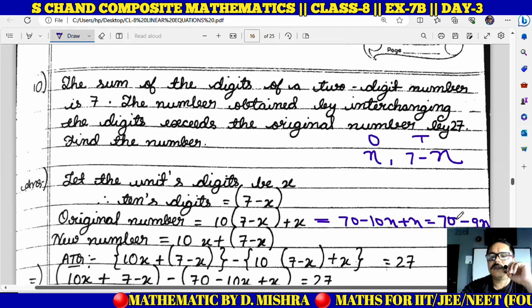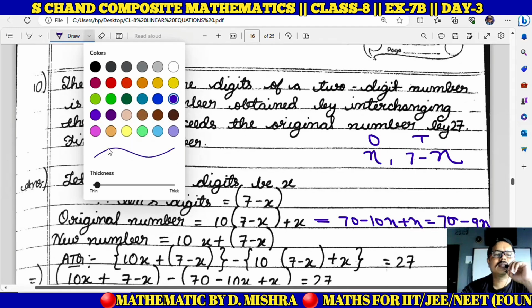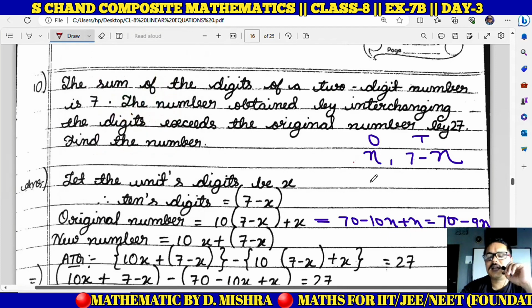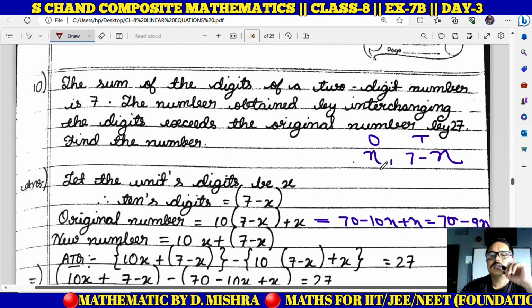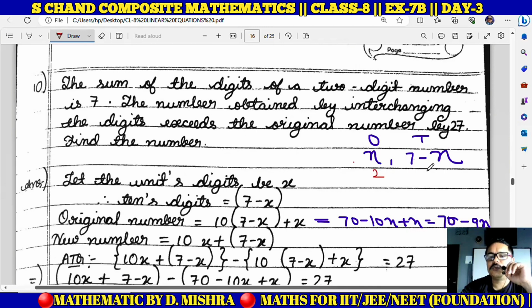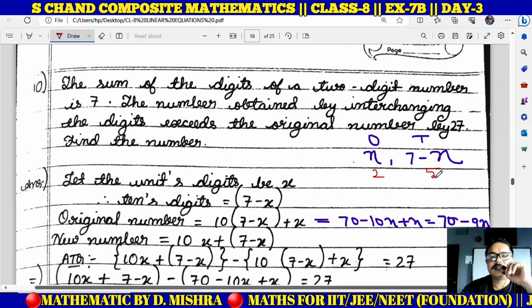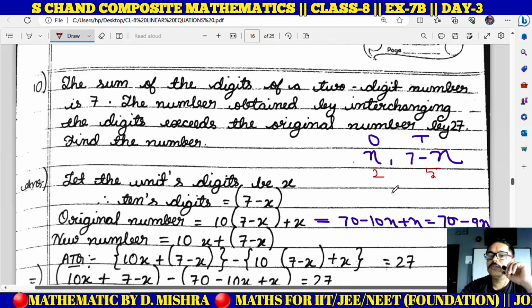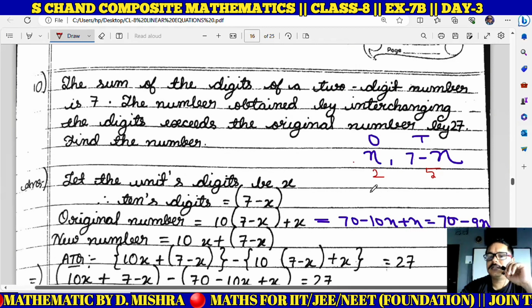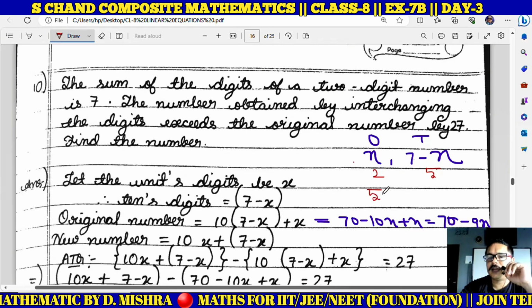Now if you are not understanding how this is happening, let me tell you. Suppose in the ones place the digit is 2 and in the tens place the digit is 5. How will you form a number? We know the tens digit is 5, so the number is 52, directly you can write.